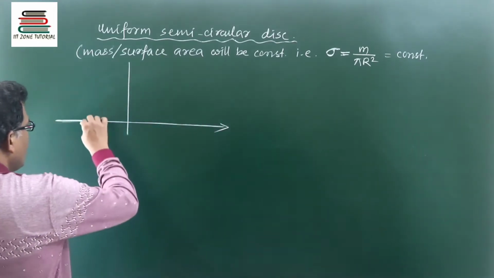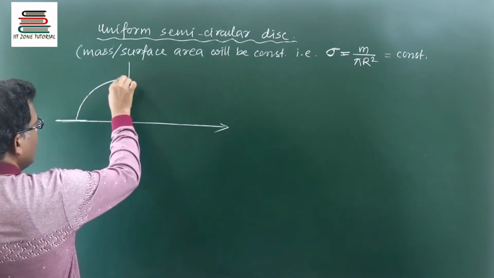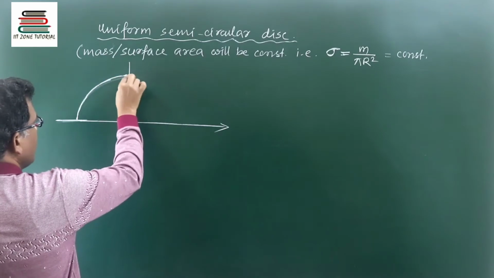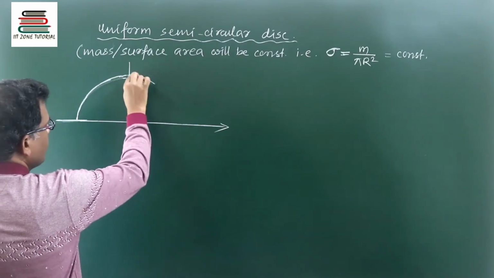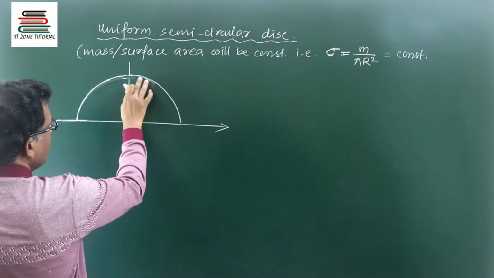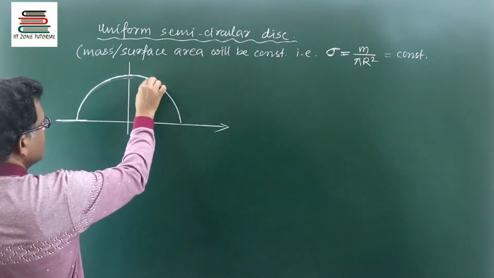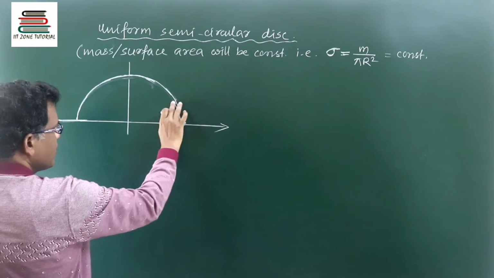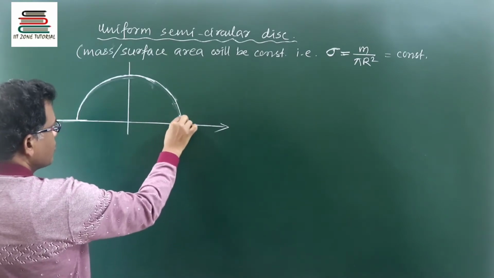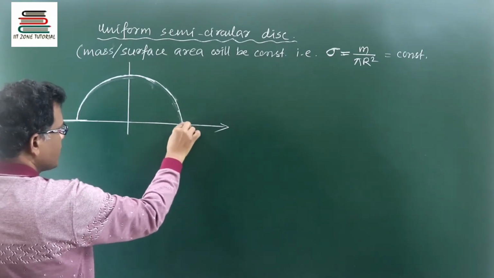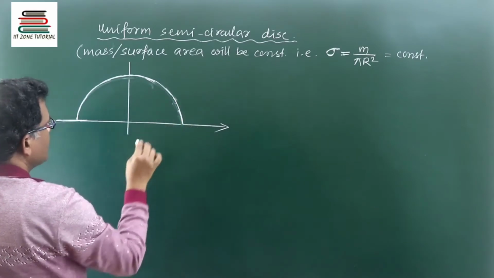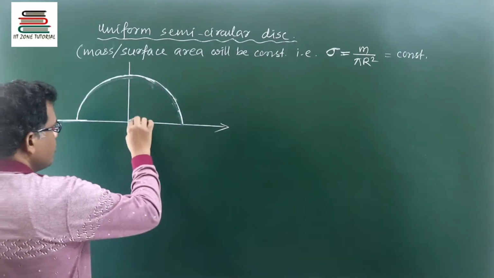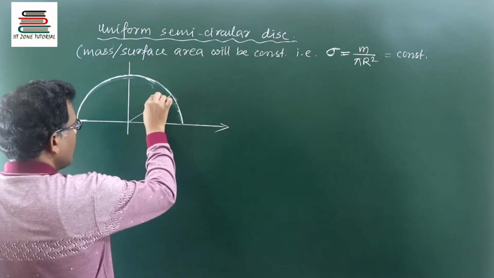In the same way, I will consider the semicircular disc placed on the xy plane such that the y-axis can be treated as the line of symmetry for this semicircular disc. So a half circle is drawn. This half circle is the semicircular disc, assumed to be of radius r.